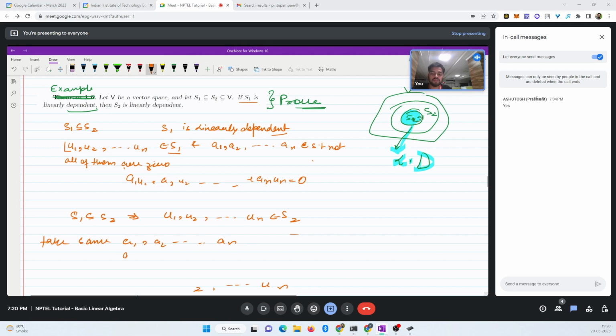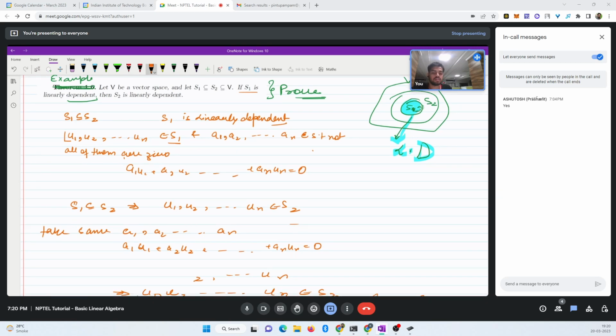Again it would give me a1 u1 plus a2 u2 and so on, an un is 0. So what does this mean? That these vectors are linearly dependent. That would mean my set S2 is also linearly dependent. Is it clear?